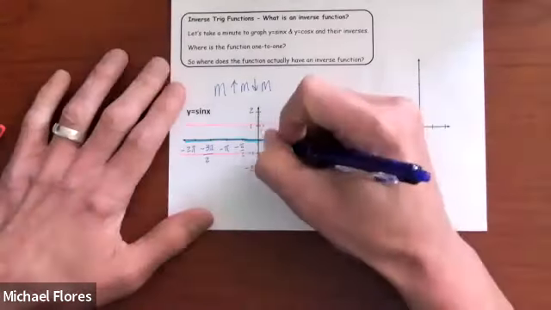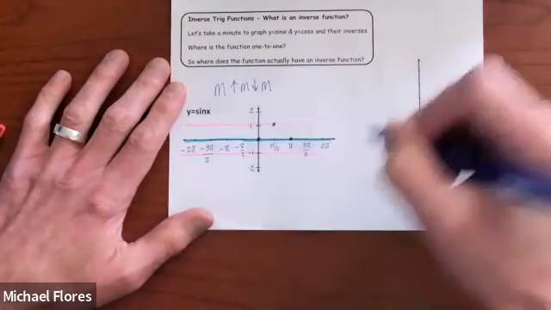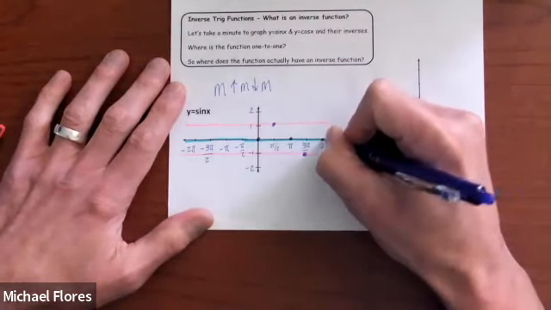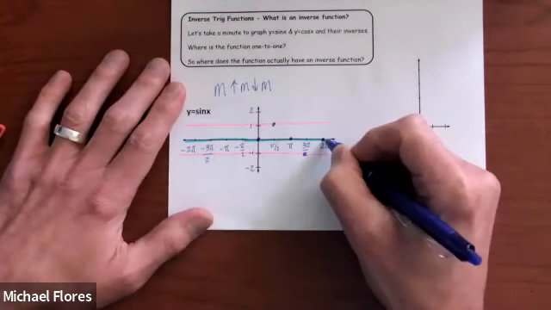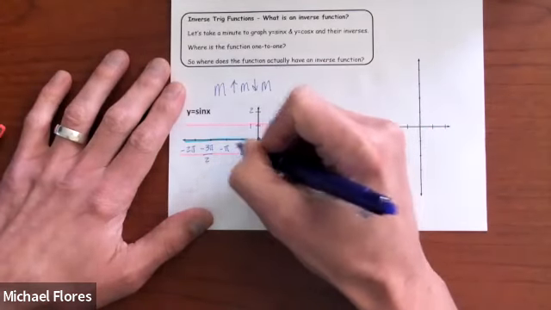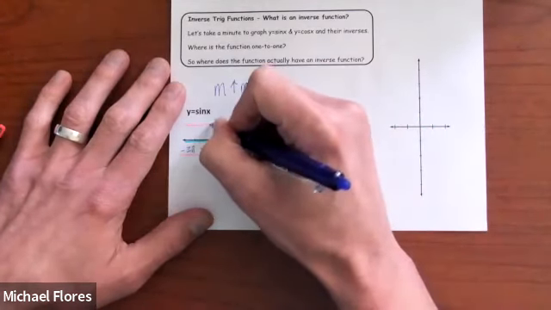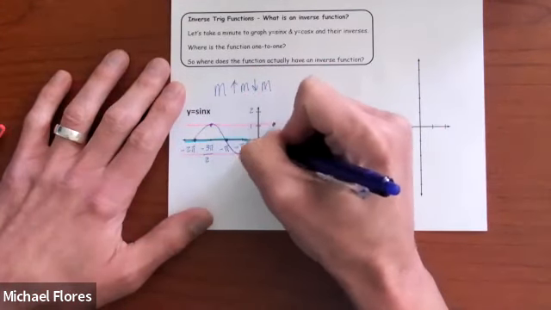Okay, so let's start graphing. Middle, top, middle, bottom, middle. And then if we repeat that pattern going this way, middle, bottom, middle, top, middle, bottom, middle, top, middle, we can now connect.